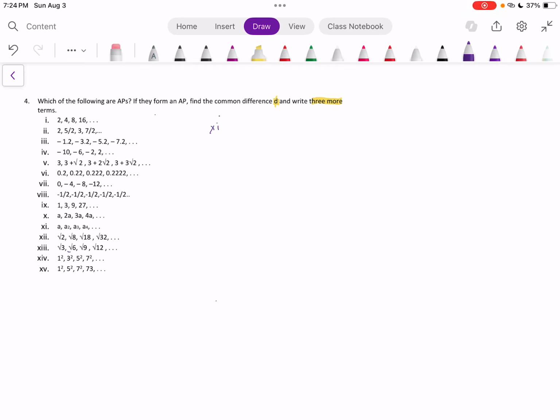Then the 14th problem: 1 square, 3 square, 5 square, 7 square. So d is going to be 3 square minus 1 square, which is 9 minus 1, going to be 8.